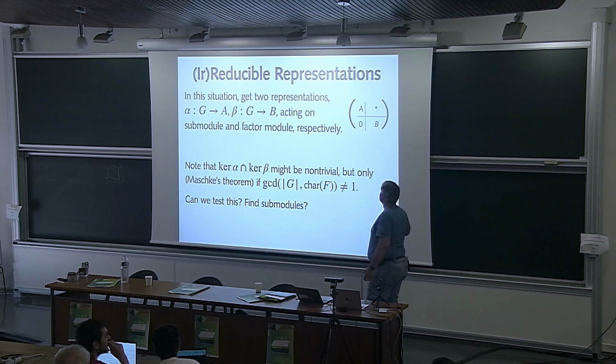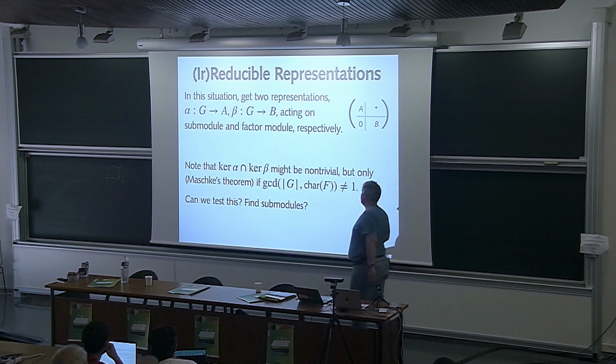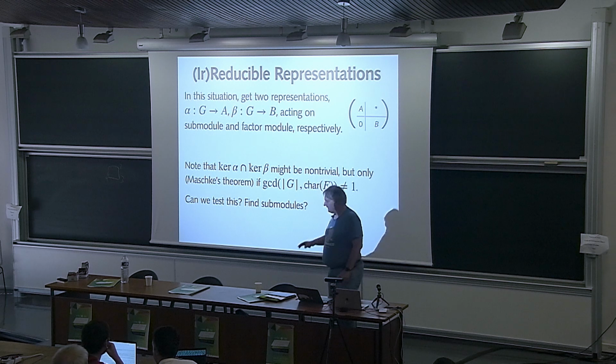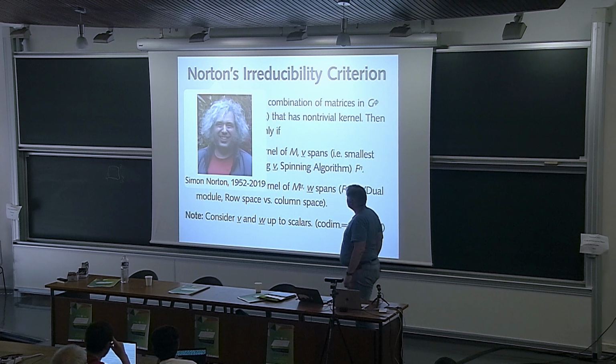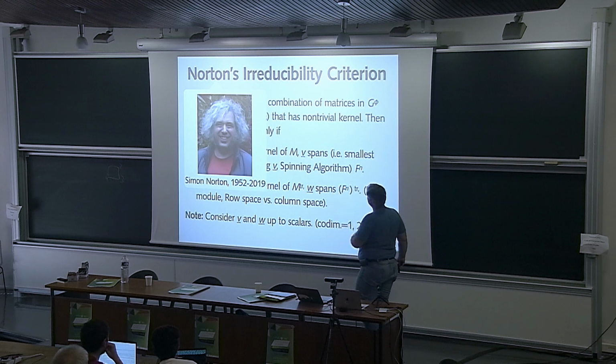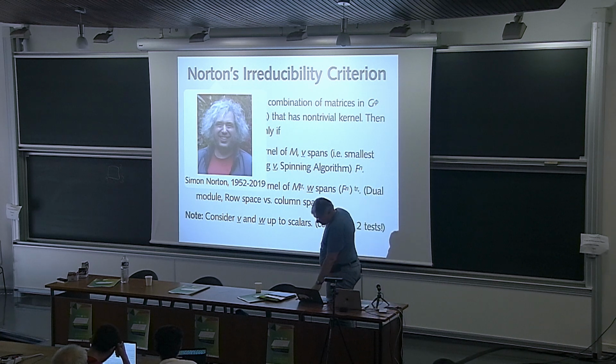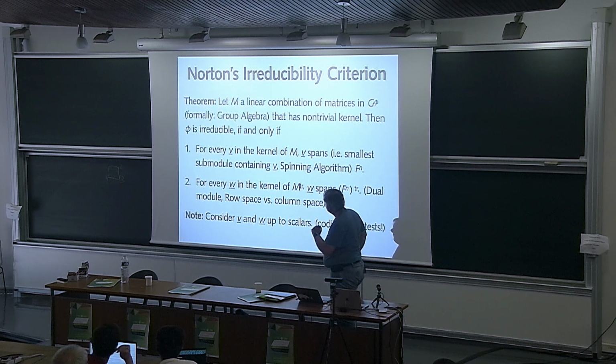The kernels of these two homomorphisms might intersect non-trivially if the characteristic divides the group order. But let's not worry about this. But how can we find submodules? That goes by the name of Norton's irreducibility criterion, named after Simon Norton, who came up with this.